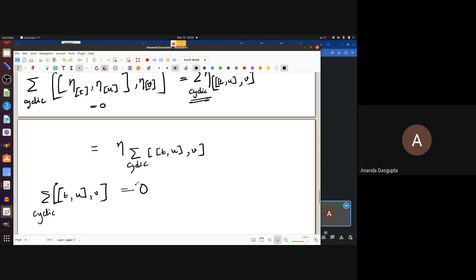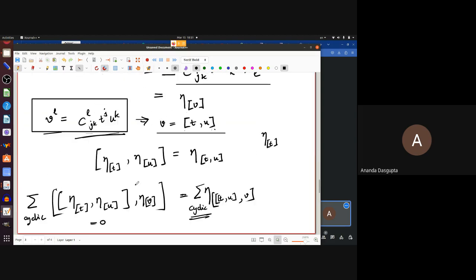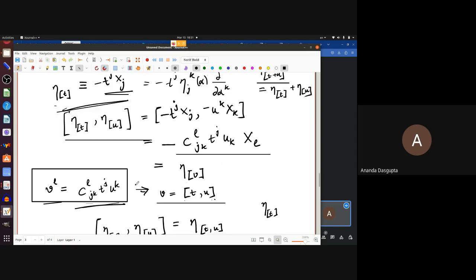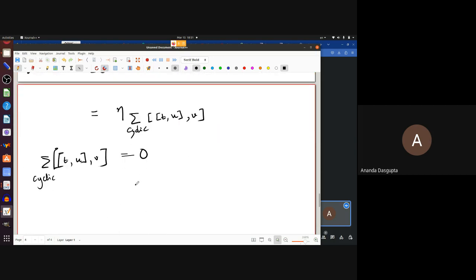So what I'm trying to emphasize is, you started with a commutator bracket between two operators, and this bracket, which is not a commutator at all, just like the commutator, also has to obey this identity, the so-called Jacobi identity.